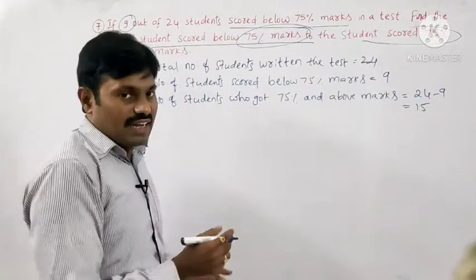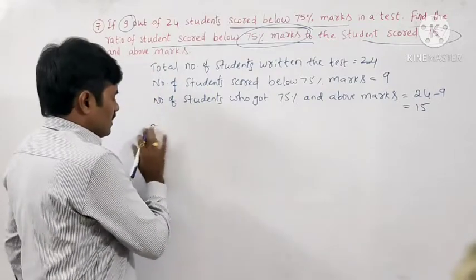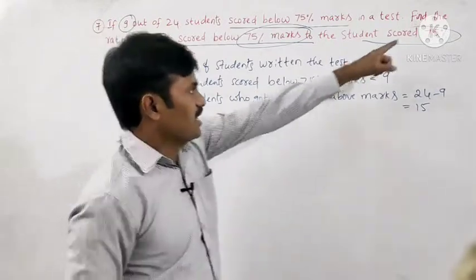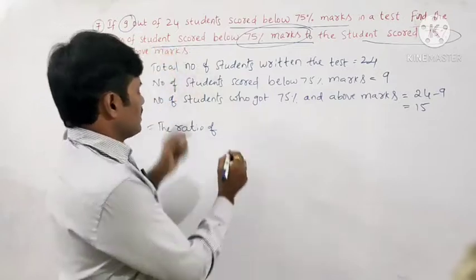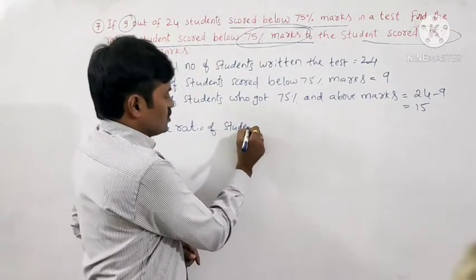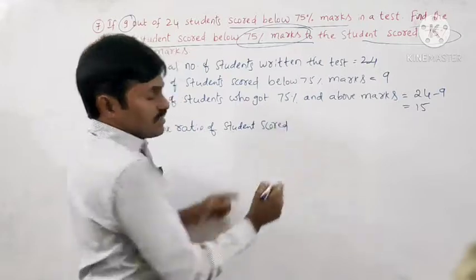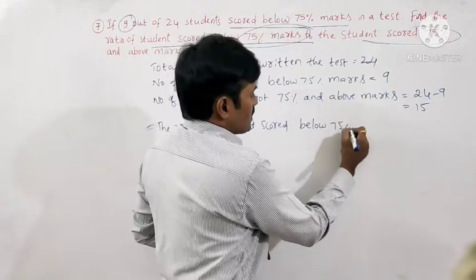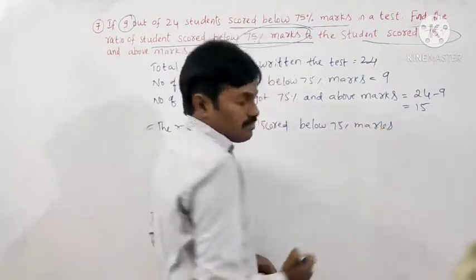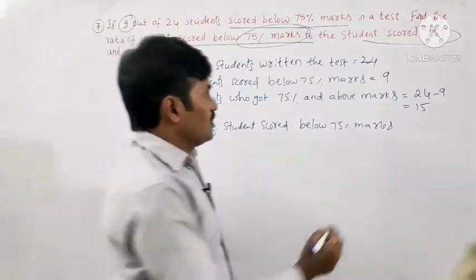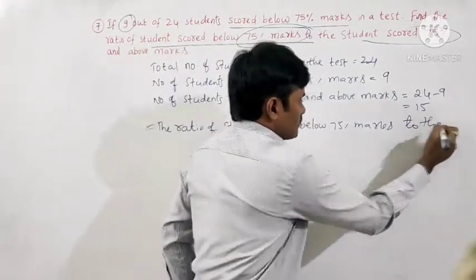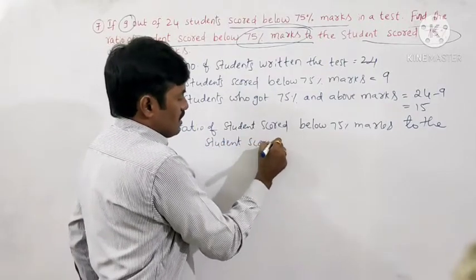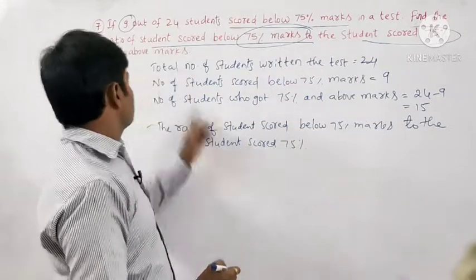So now what is my dialogue? Therefore, the ratio of students scored below 75% marks to the students scored 75% marks and above.